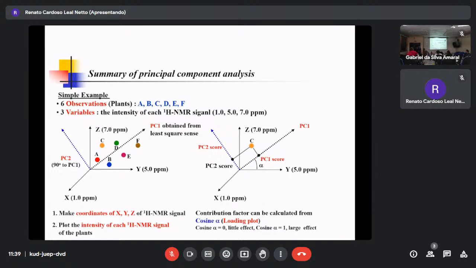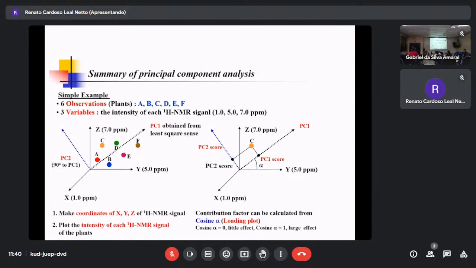Now, Carol's family and the Brownies family are separated by the PC1 boundary. Then, is that because of height? Is that because of weight? Is that because of foot size? Then you can calculate this alpha value. Now, PC1 is generated here, right? Original variable is here. If it's 0 degrees, which means this PC is 100% influenced by height.